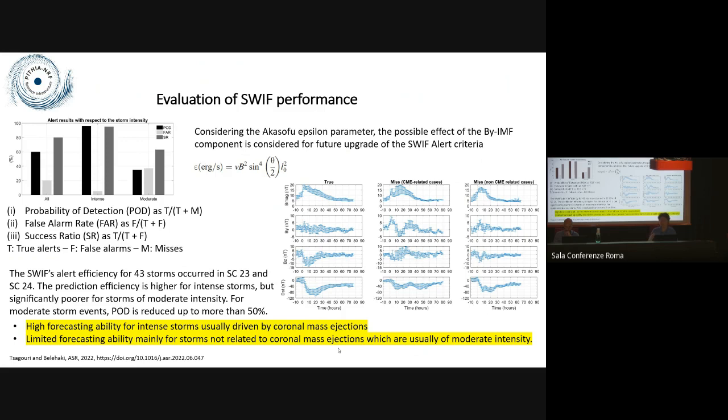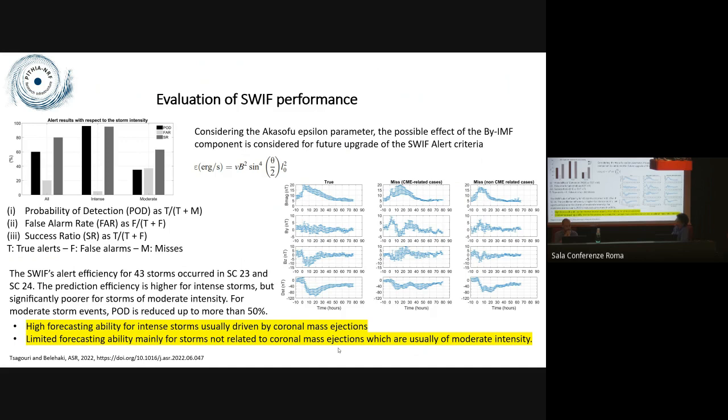Those are missed but are related to coronal mass ejections, and those are missed but are related to non-coronal mass ejections. As you see here, this is the first missed alert category and the second missed alert category. And this is our successful alerts.